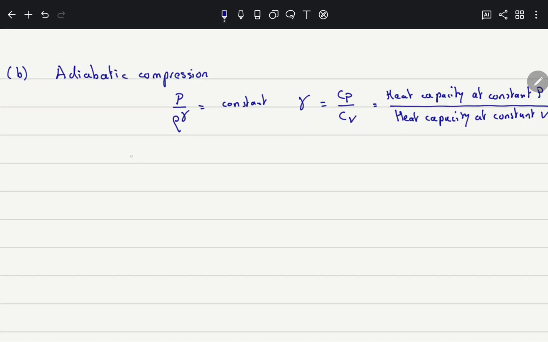Now let's get back to the work of compression. W is still the integral between P1 and P2 of dP over rho.